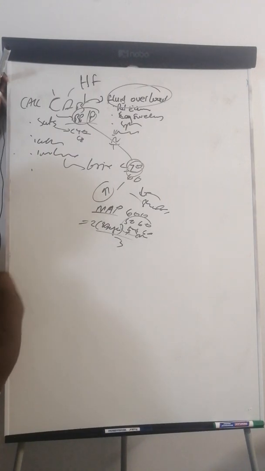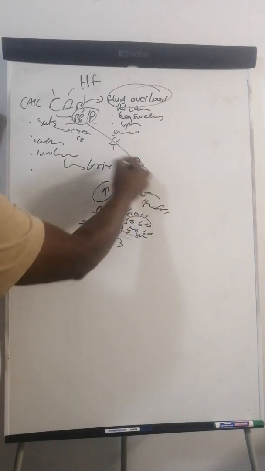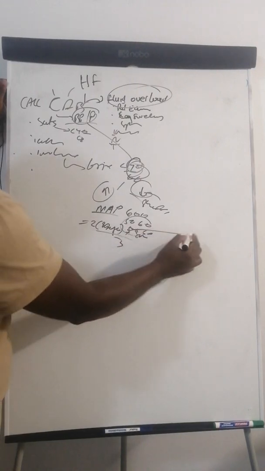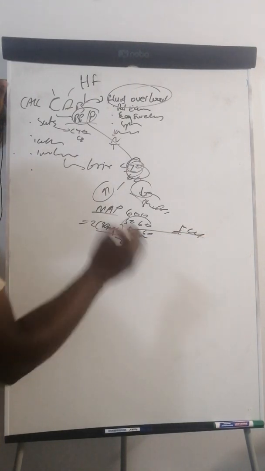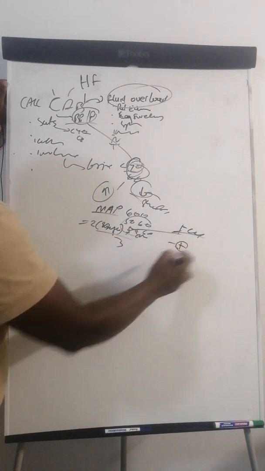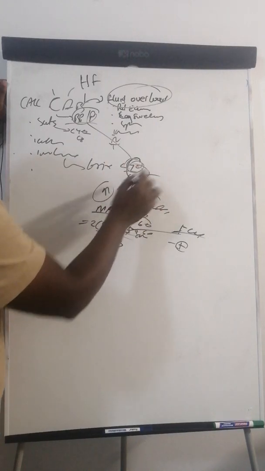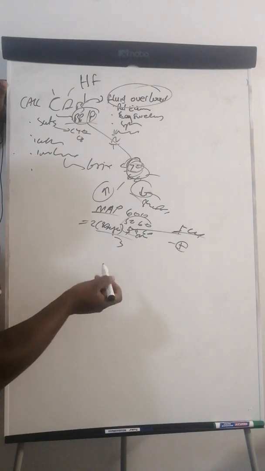So if you've got a patient like this, fluid overloaded but with severe hypotension, take this patient to ICU. Speak with someone who works in ICU to take this patient, because these patients need positive inotropes to help the heart, because basically they're in severe cardiogenic shock.